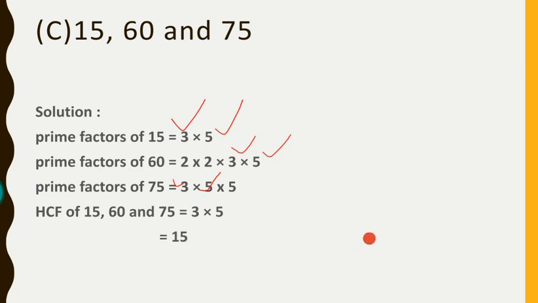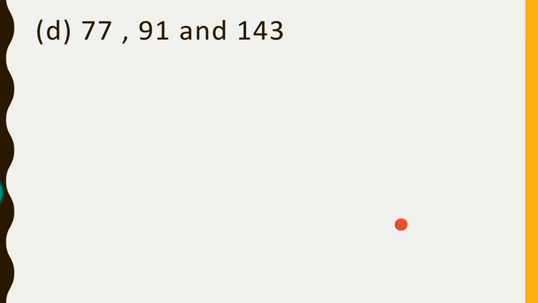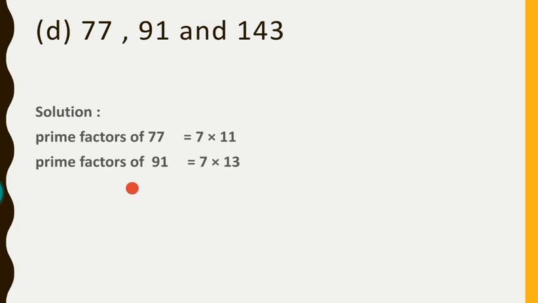Okay, the next part D, 77, 91 and 143, find the HCF of these three values. First of all, we will find prime factors of 77, that is 7, 11, and prime factors of 91 is 7 into 13, and prime factors of 143 is 11, 13.